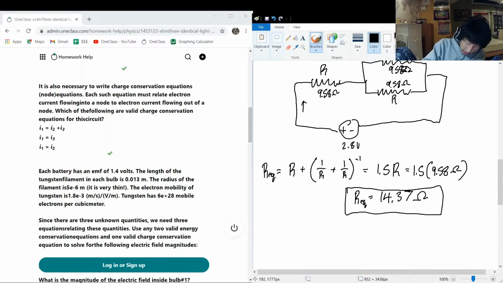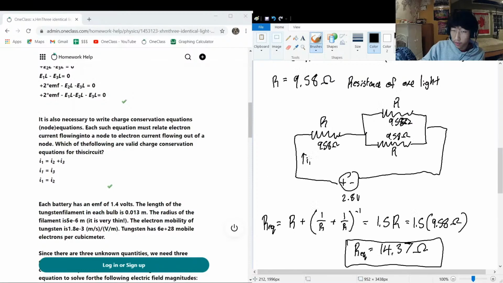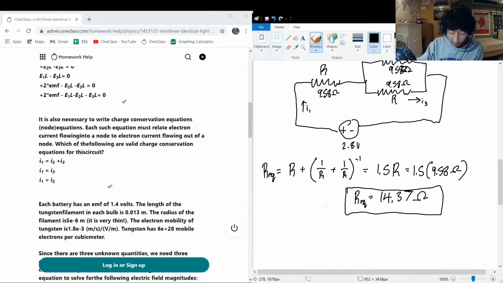And assuming that here is like I1, here we have I2 and I3 going through those corresponding branches. We'll have this system, and so we know that I1, this is from Ohm's law.